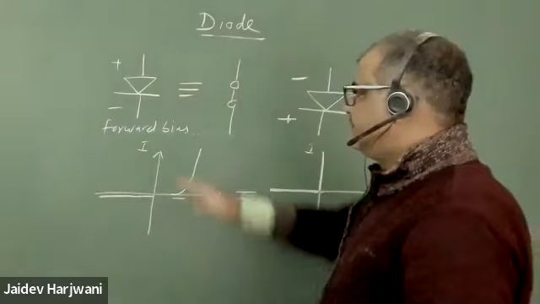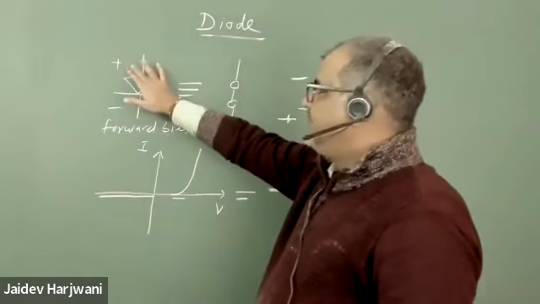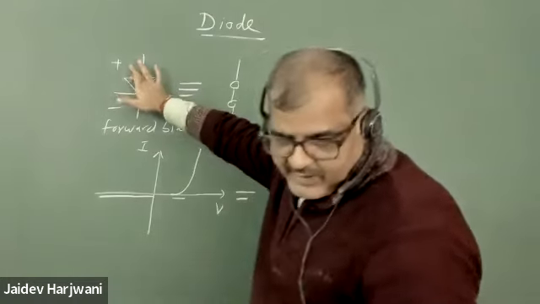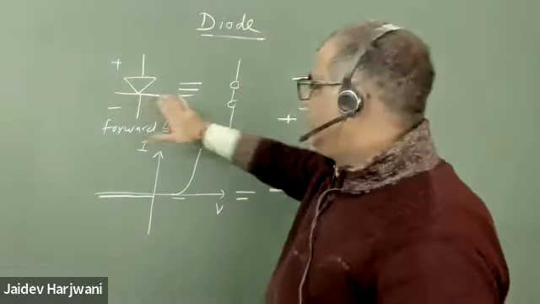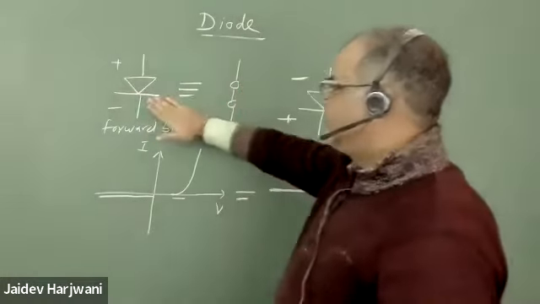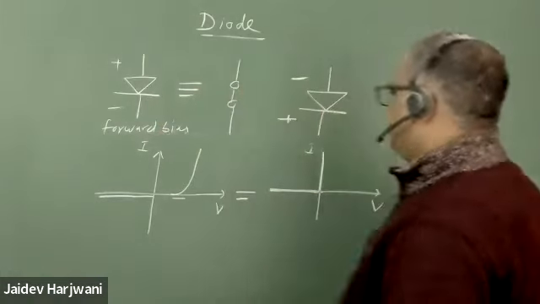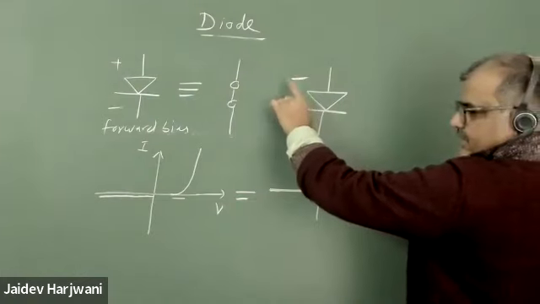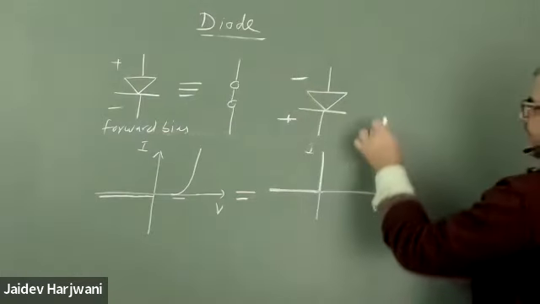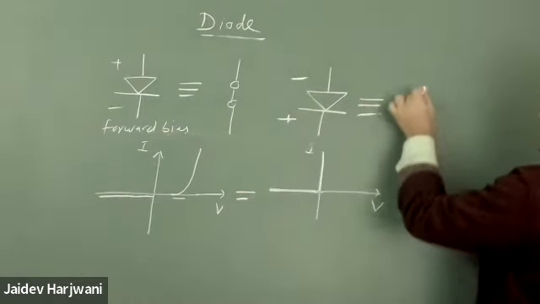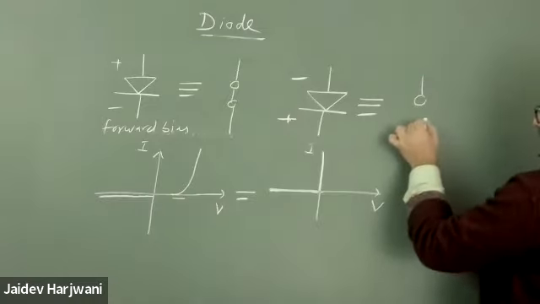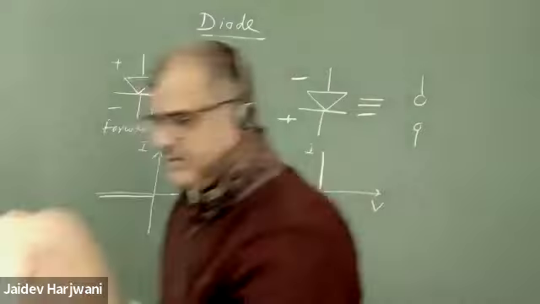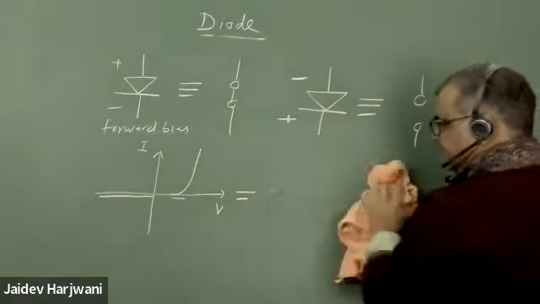So in forward bias, if the diode's positive terminal is connected with the positive voltage, then we'll assume the diode is a short circuit. If the diode's positive terminal is connected to the minus voltage or the minus terminal of the battery, in that case we'll assume the diode as an open circuit. So this is the model of the diode in the circuit.